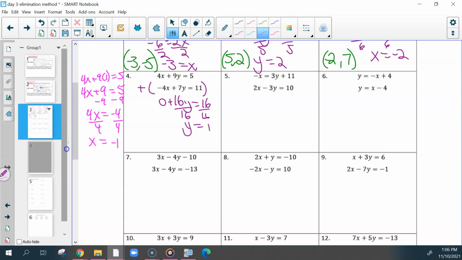So our ordered pair would be -1, 1. That says 9 or what? 4x plus 9. Times 1. Oh.